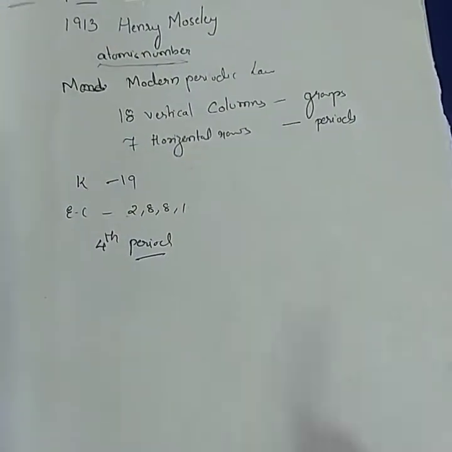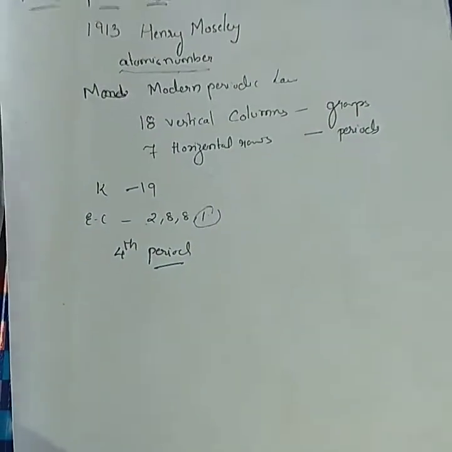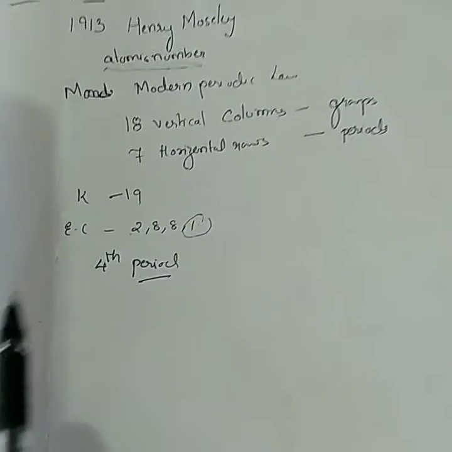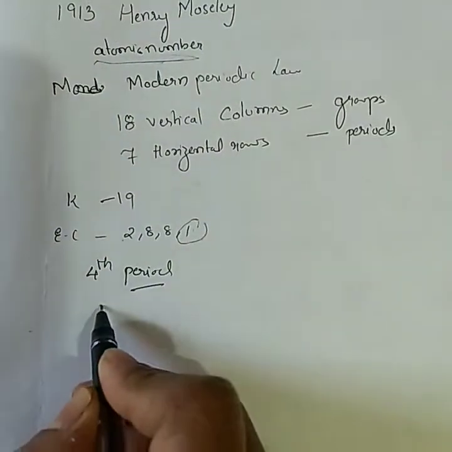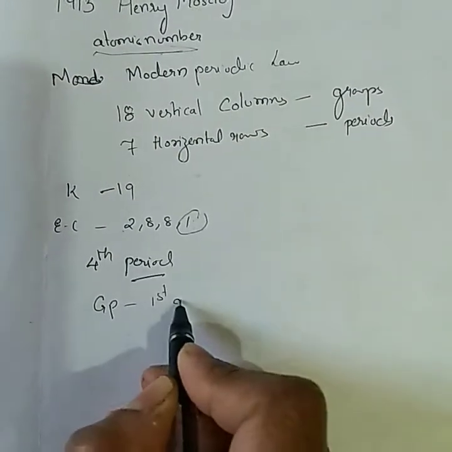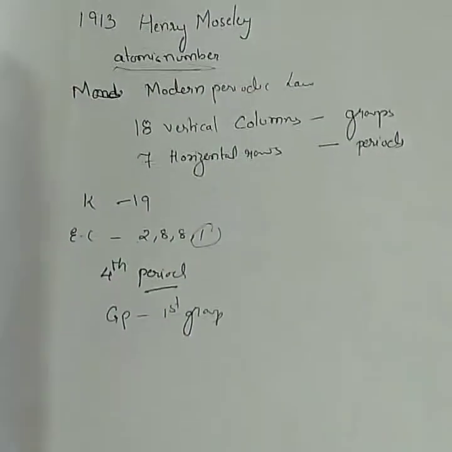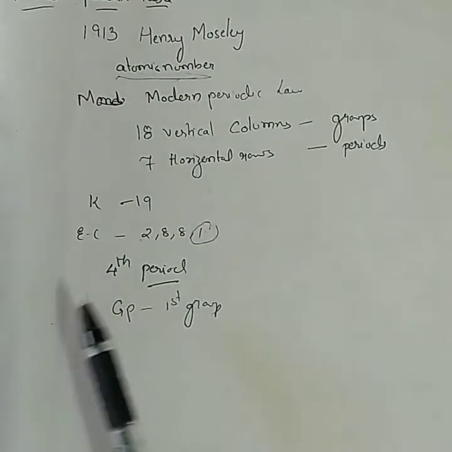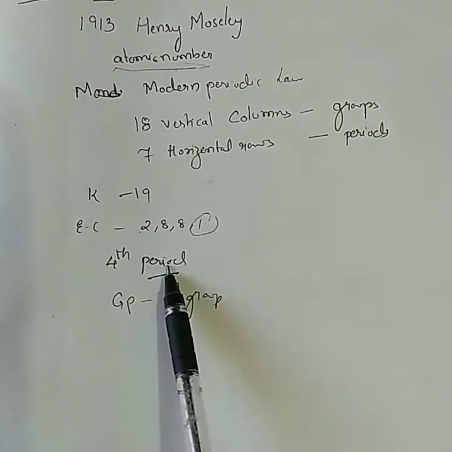Then how to identify the group? If it contains one valence electron, then it belongs to the first group. If it contains 4 shells, it belongs to the fourth period.